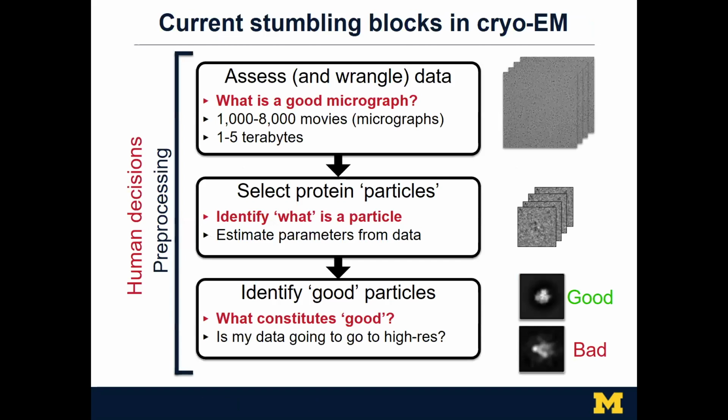So coming back to this slide, to answer the first question, what is a good micrograph? We developed MicAssess that can be used to do that automatically. For particle pickers, there are some neural network-based particle pickers, especially Cryolo and Topaz.